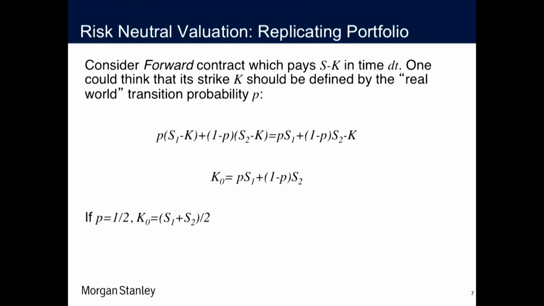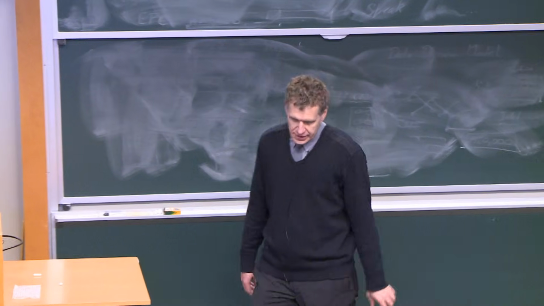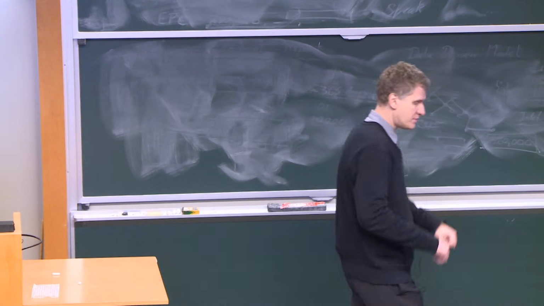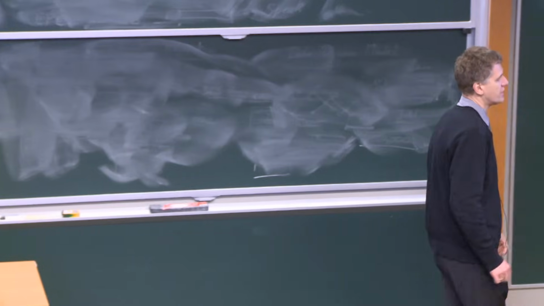And actually what we are looking for here is to set K such that the price now at time t is 0. That's the usual convention. So we'll set K to this number, which depends on the real-world probability and obviously on the stock price at expiry.